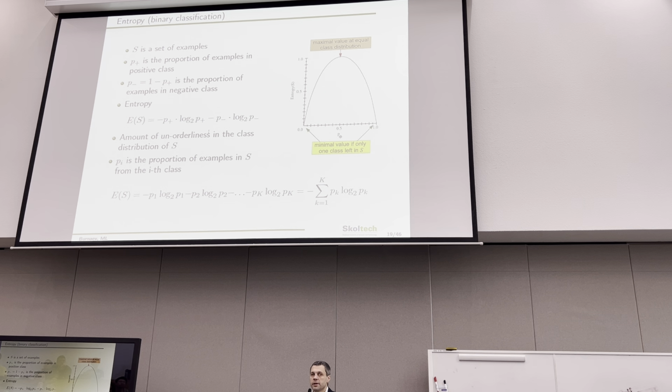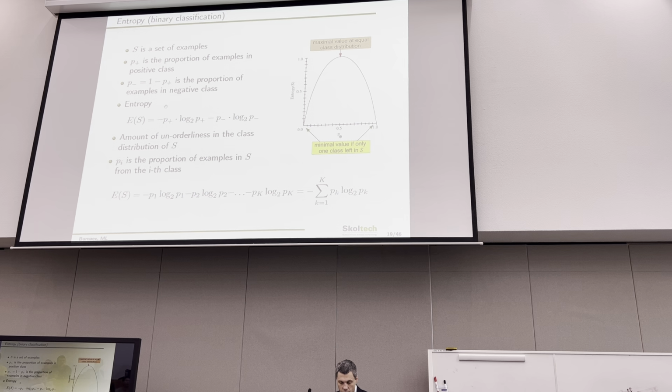In case of binary classification, we can define purity in a very simple way using entropy. Let S be a set of examples. Let P plus be the proportion of examples in the positive class, and let P minus be the proportion of examples in the negative class.